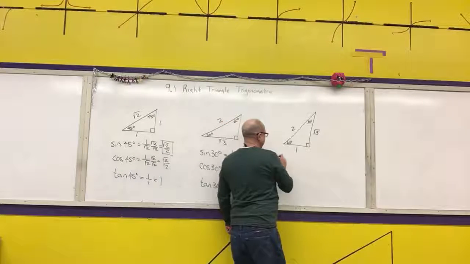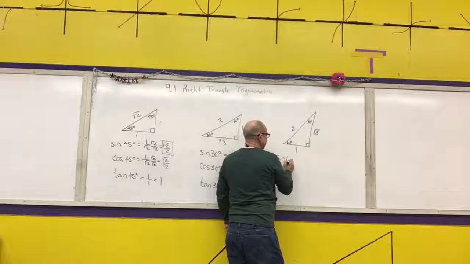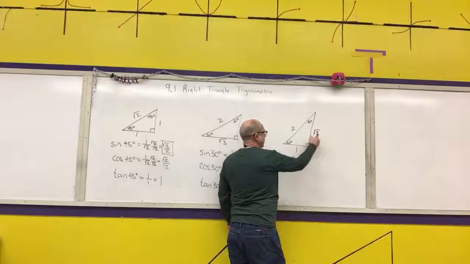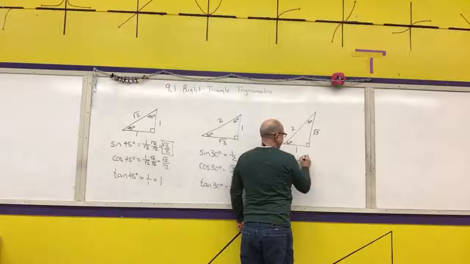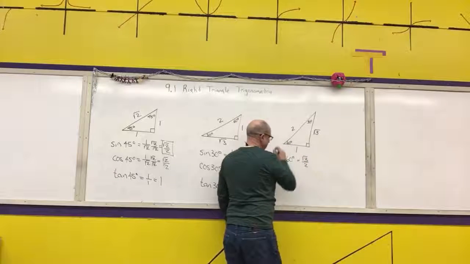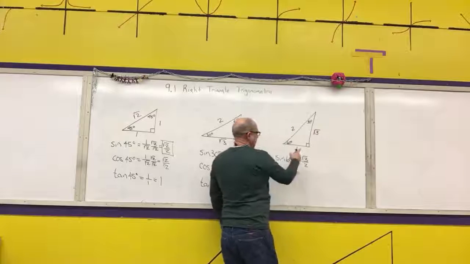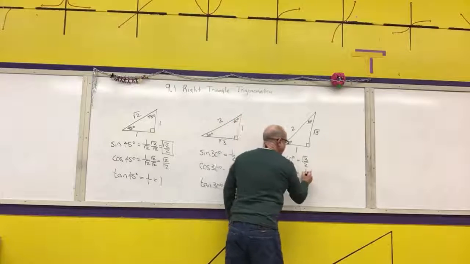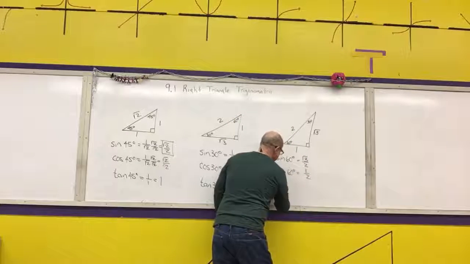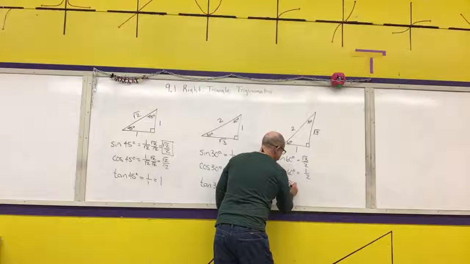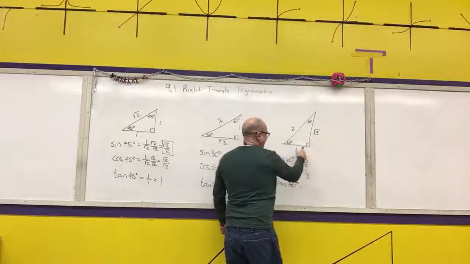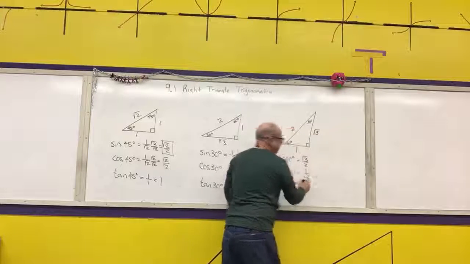For 60 degrees, the sine of 60 degrees, opposite over hypotenuse, square root of 3 over 2. Cosine of 60 degrees, adjacent over hypotenuse, 1/2. And the tangent of 60 degrees, opposite over adjacent, which is the square root of 3.